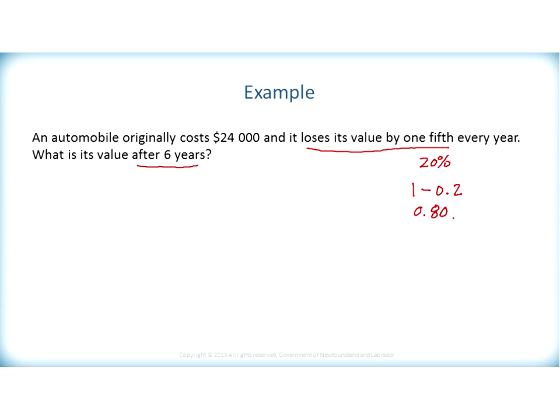So we have P of t is equal to 24,000 as the initial, times 0.8 to the power of 6, since it loses its value by 1/5 every year. This will give us $6,291.46 after 6 years.